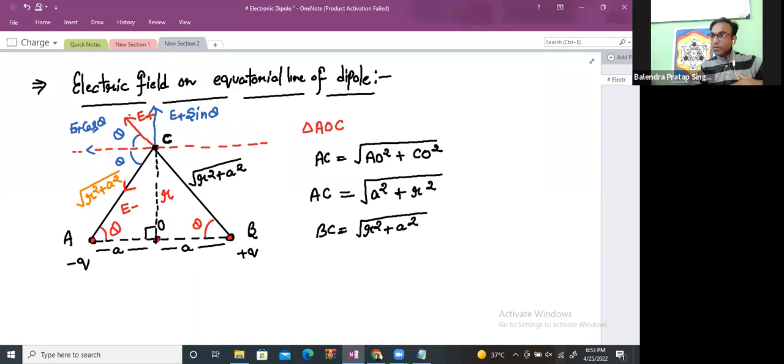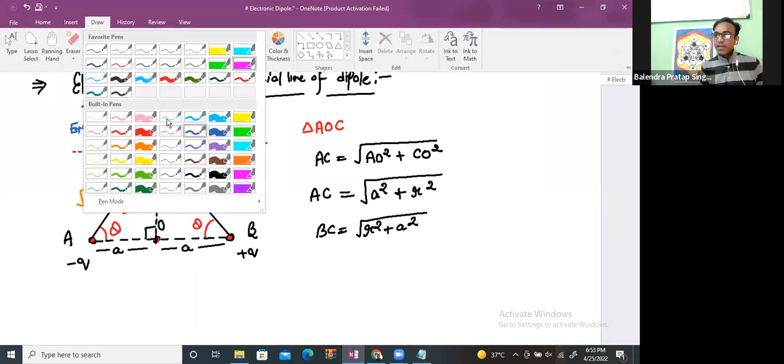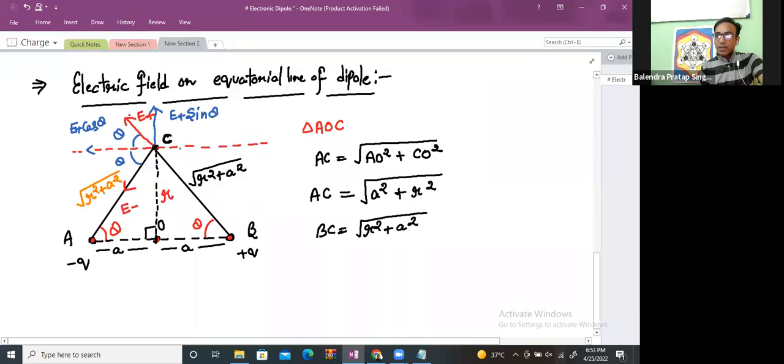It also has two components, so I am taking a different color for E minus. One is the vertical component. The vertical component is E minus sine theta.